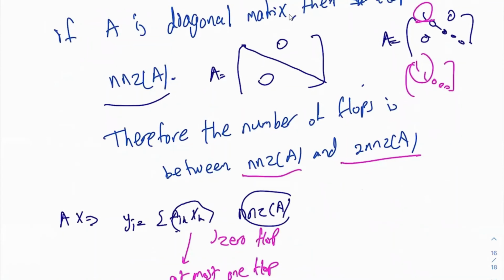We have the zero vector, which has 0 flops, right? But I can consider the zero matrix as also a diagonal matrix, where nnz is 0. So what if I just consider a diagonal matrix with the number of non-zero elements to be nnz of A, and then calculate this expression and count the number of flops. So the minimum you get is nnz of A, and the max you get is 2 nnz of A.